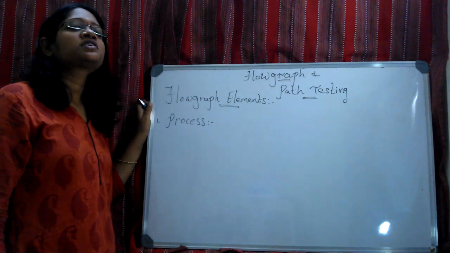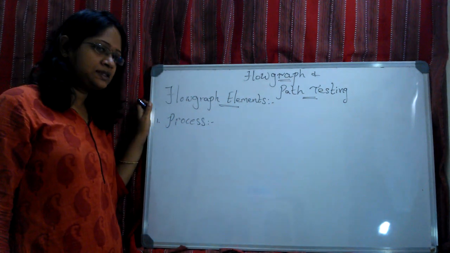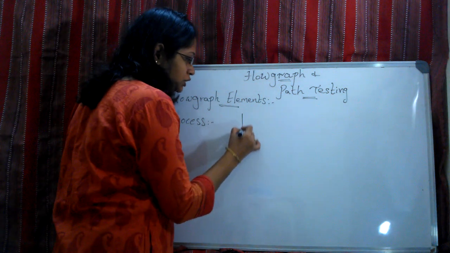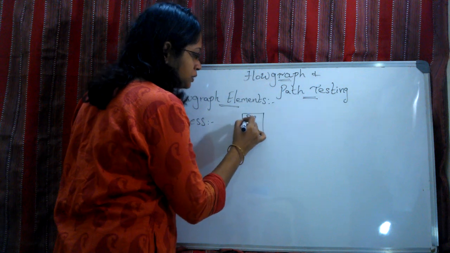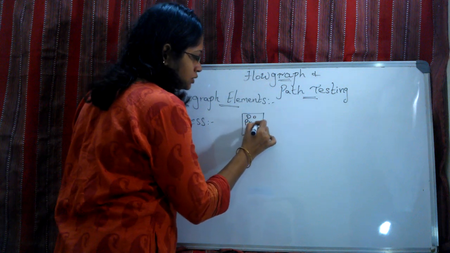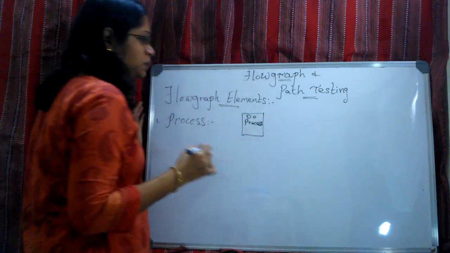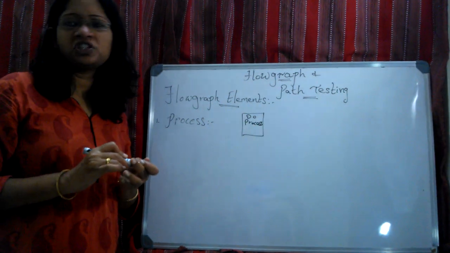In this process, consider you have a program A, B, C. So we have to do that particular process. In this process you will have so many steps. It may be an addition operation, a multiplication operation, any operation.